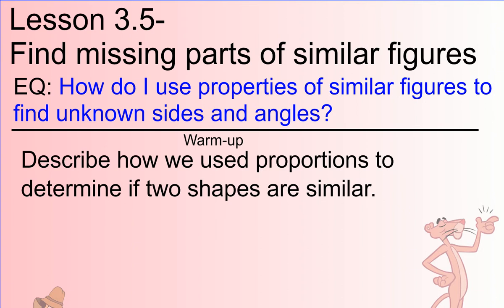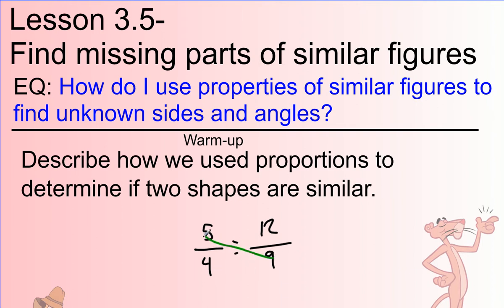So what you should have found, or what you should have remembered, is that we used proportions to find if two shapes were similar by cross-multiplying. I'm just going to throw some random numbers here, which probably won't work: 5 and 4 and 12 and 9. So to determine if these were similar, maybe these were side lengths of a triangle or a rectangle or something, we cross-multiplied.